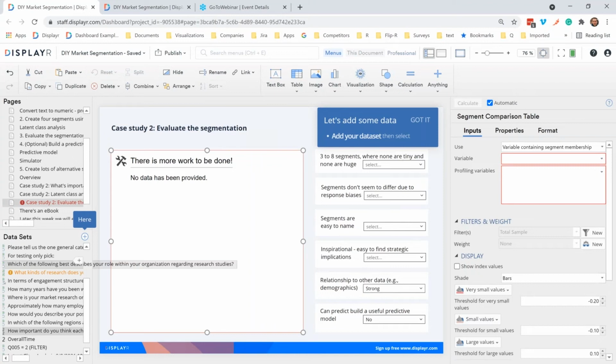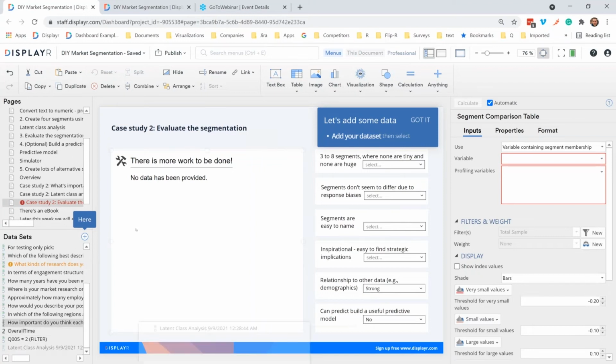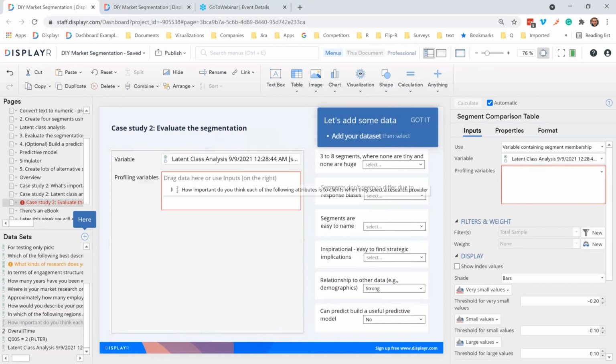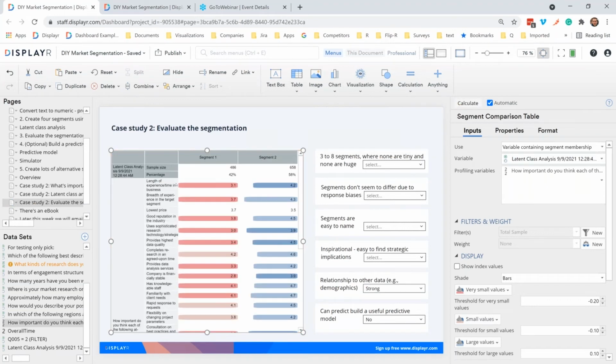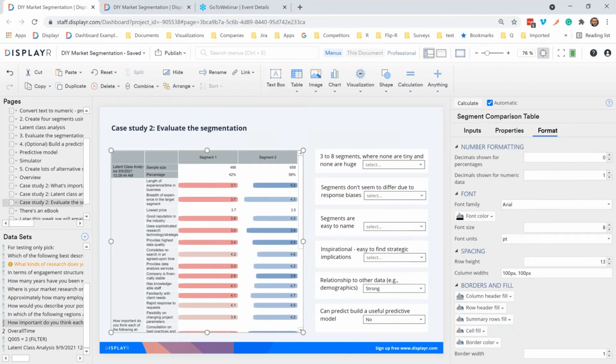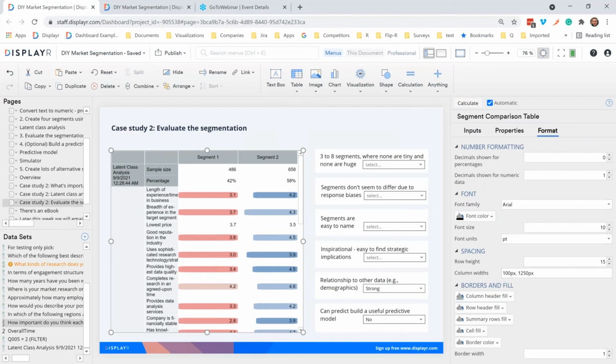And we drag across our new segmentation variable and our predictors. Let me just tweak the settings here so it's a little bit easier to read. I'll give you a chance to try and figure out what the segments are telling us.